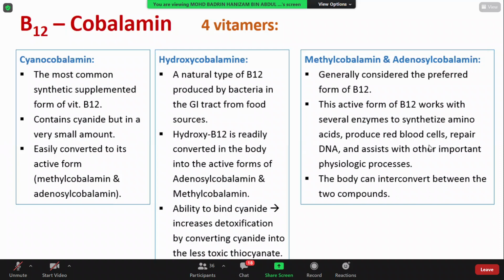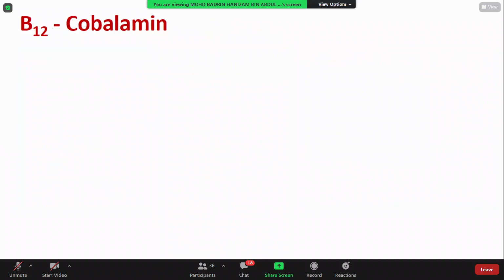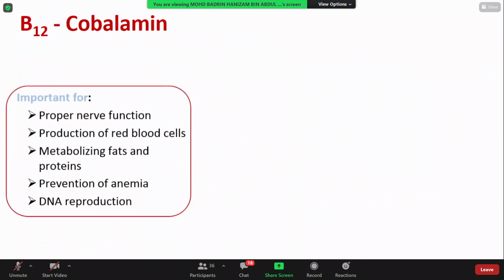So vitamin B12 is also responsible for the synthesis of DNA and DNA repair, and assists with other important chemical processes as well. Our body can just interconvert between these two compounds: methylcobalamin removing the methyl becomes adenosylcobalamin, and adenosylcobalamin attaching the methyl group becomes methylcobalamin. So whichever our body requires, it can just interconvert between these two.